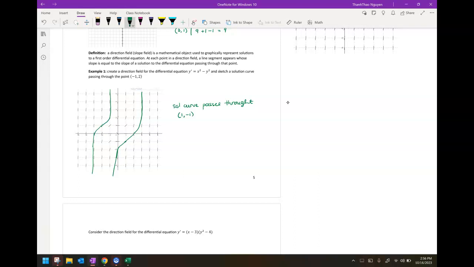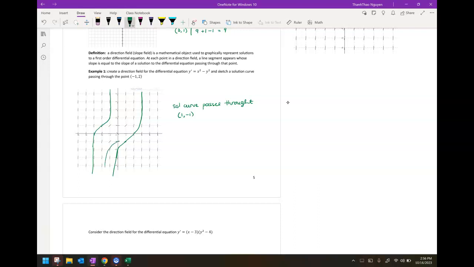If you continue with this, it looks like we could have the curve with the slope here of negative 1. You could also have something that looks like this.